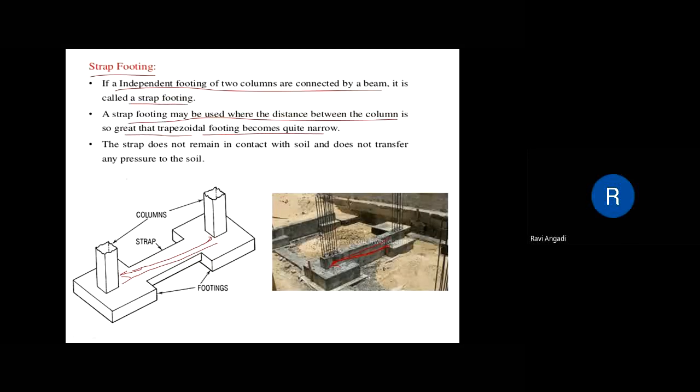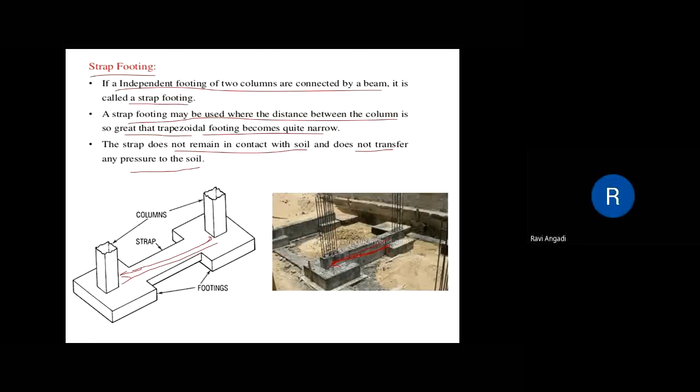And the strap does not remain in contact with the soil. It just connects these two footings and does not transfer any of the pressure of the soil. It is just an anchorage between footing A and footing B. Is it clear? Yes, sir.